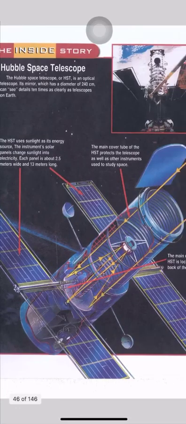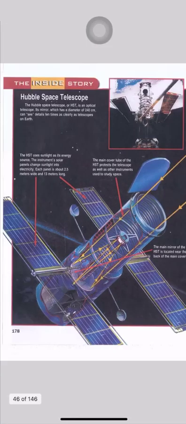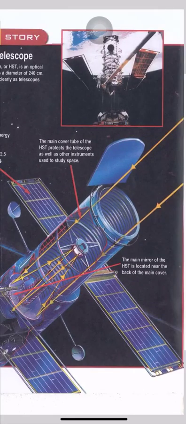Here you can see a space telescope and parts of the space telescope. It is called the Hubble Space Telescope, or HST, which is an optical telescope, and these are parts of the telescope.